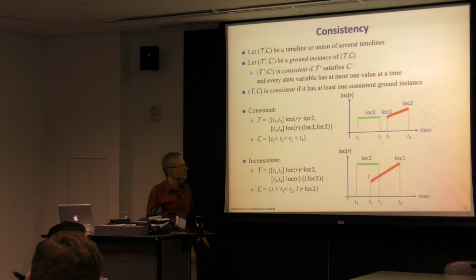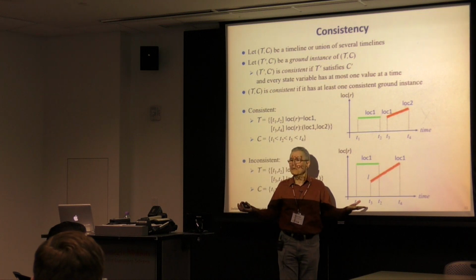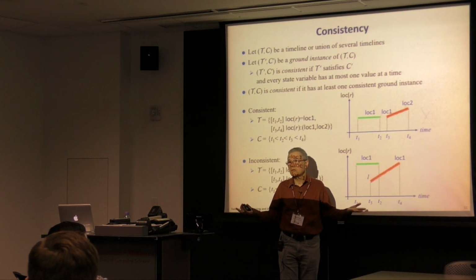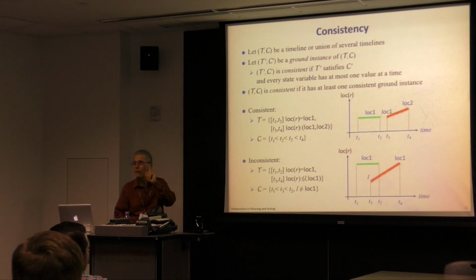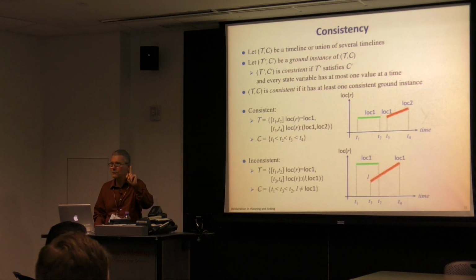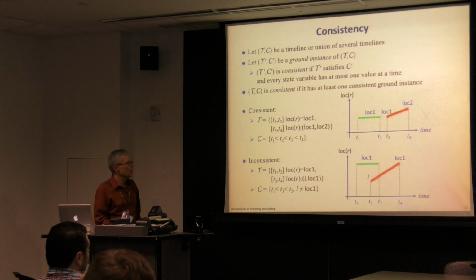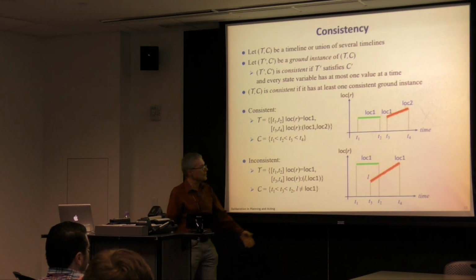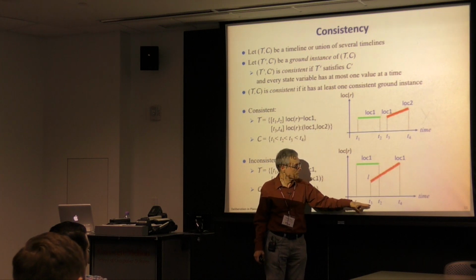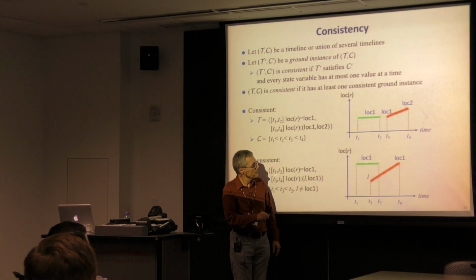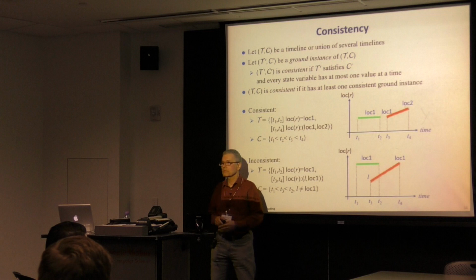In this case, T2 might be less than T3, in which case you're still fine. So this does have at least one consistent ground instance. Therefore, it's consistent. But it is not secure, because there also exists a ground instance that's not consistent, in which this comes before that. And in that case, the robot has two locations at once.